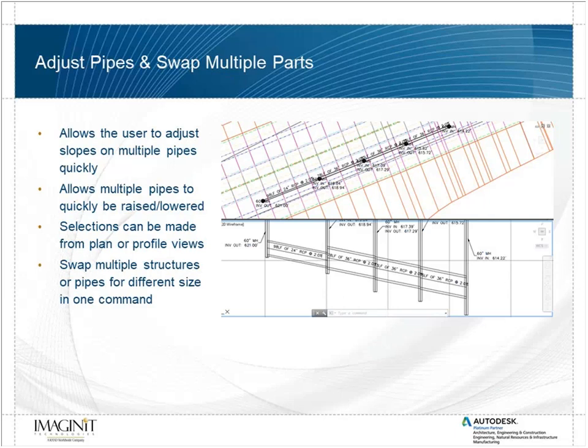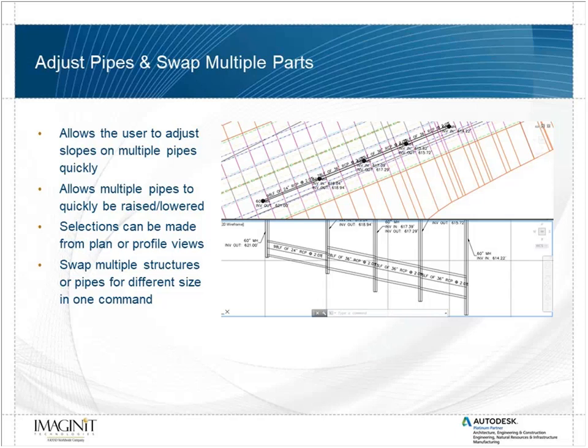The pipe tools, what we wanted to be able to do was make mass grading adjustments of pipes similar to how you could in Land Desktop back in the day. So what the tools ultimately allow you to do, at the simplest point, is just raise or lower an entire run, or at least a portion of a run, a consistent amount.